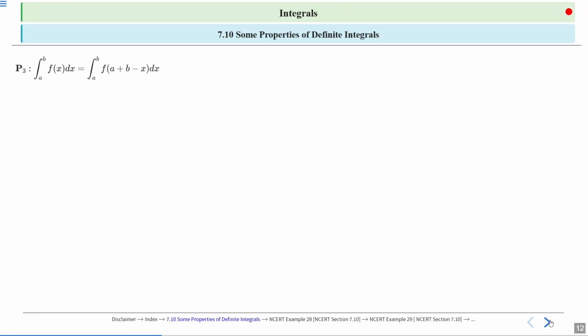Now, P3: the value of the definite integral from a to b of f(x) dx is equal to the value of the definite integral from a to b of f(a plus b minus x) dx.